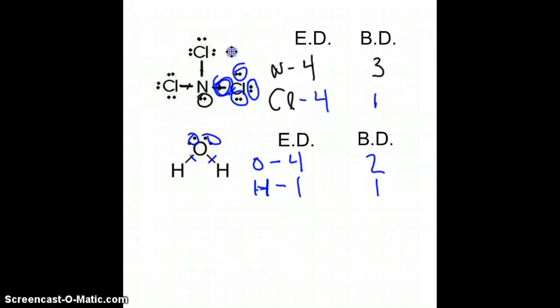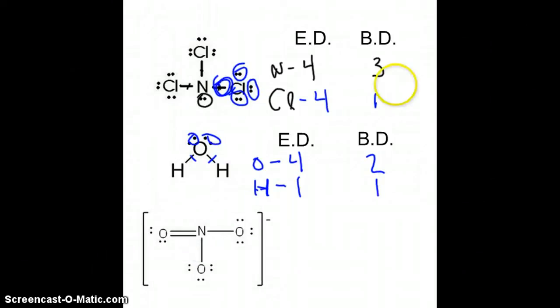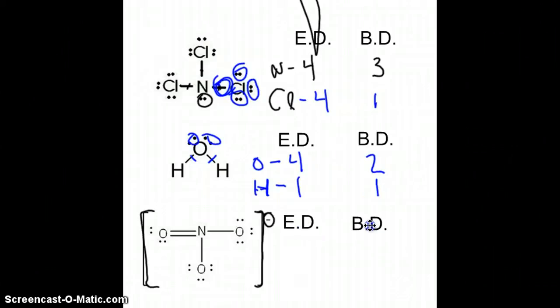The next example would be the nitrate polyatomic ion. Notice here that the nitrate polyatomic ion is bracketed, so we need to make sure that happens, and the charge is here. Okay, so how many electron domains does nitrate have? How many bonding domains? Well, let's look.